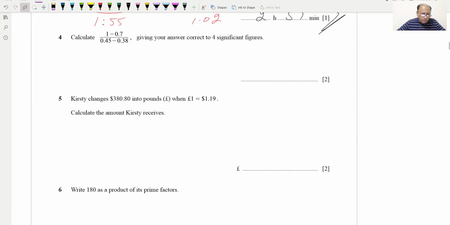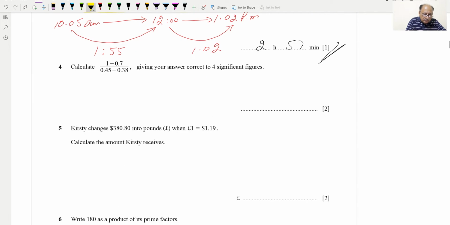Now question number 4, we have to calculate this fraction and give the answer correct to 4 significant figures.